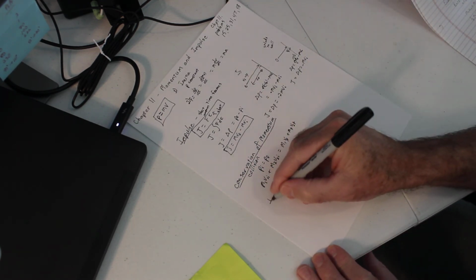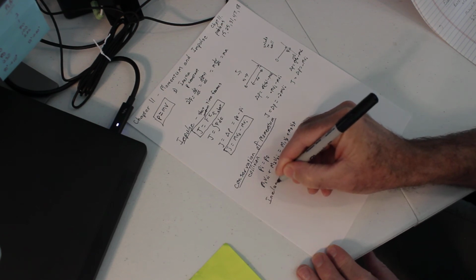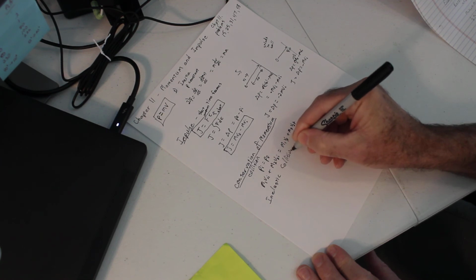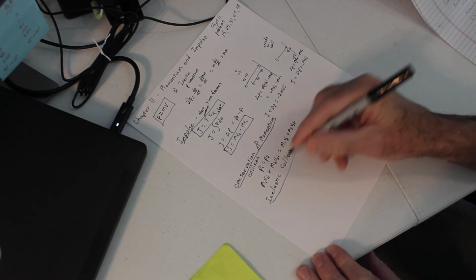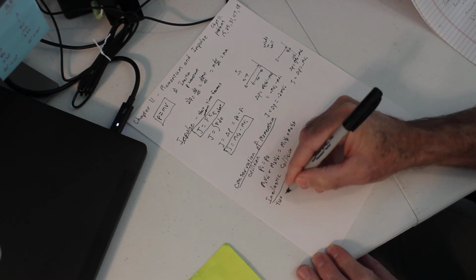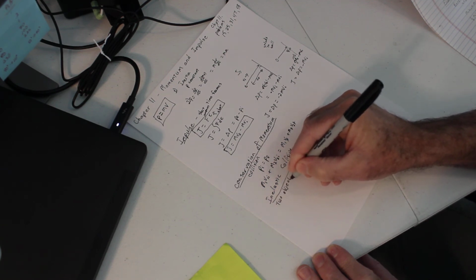So we have what we call an inelastic collision. In an inelastic collision, 2 particles or 2 objects collide and stick together.